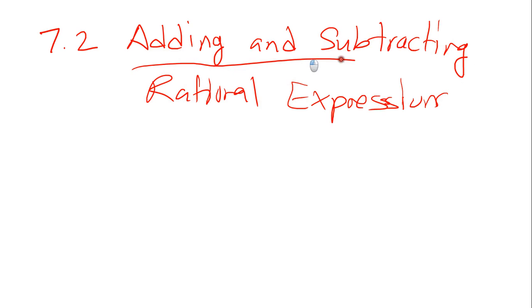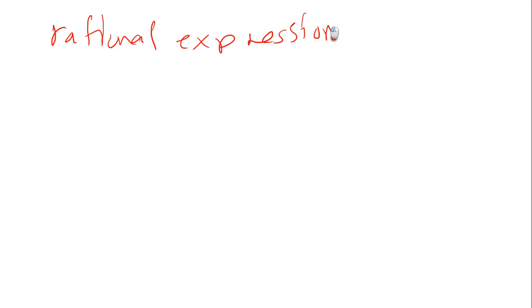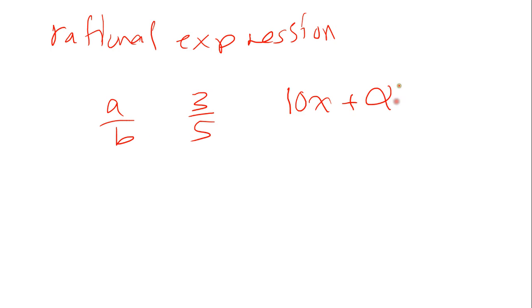this is section 7.2, as we started last class, on adding and subtracting rational expressions. Basically, a rational expression is just a fraction. A over b, 3 over 5, 10x plus alpha squared over gamma.